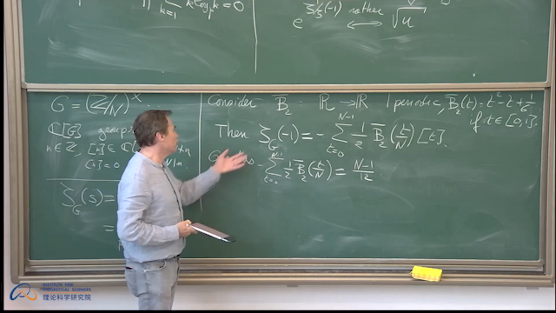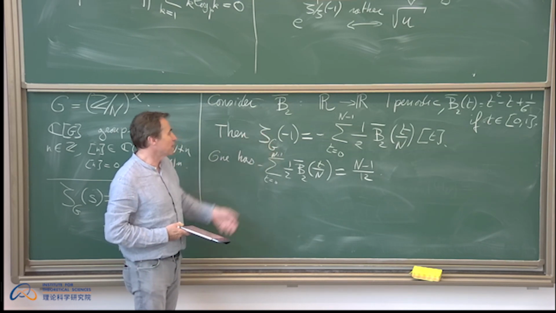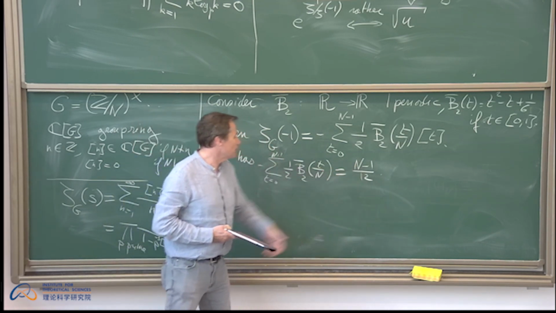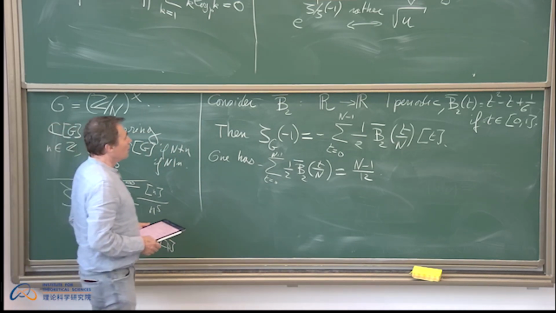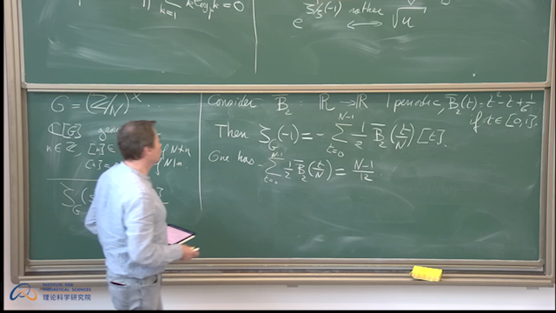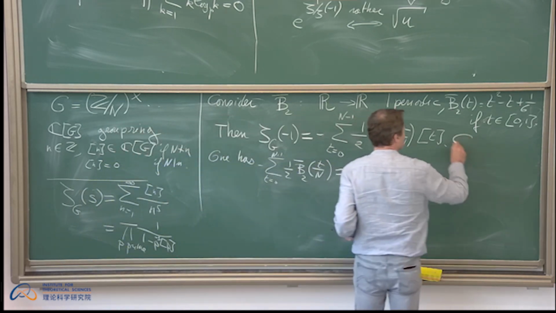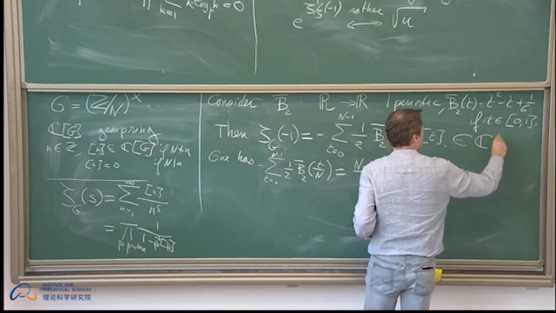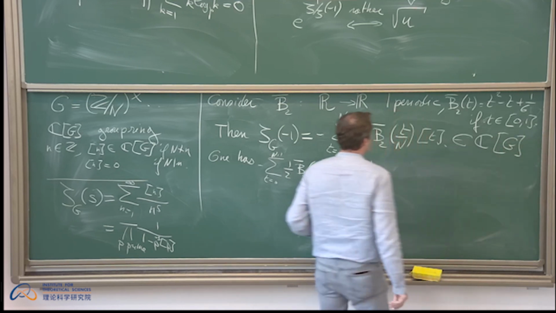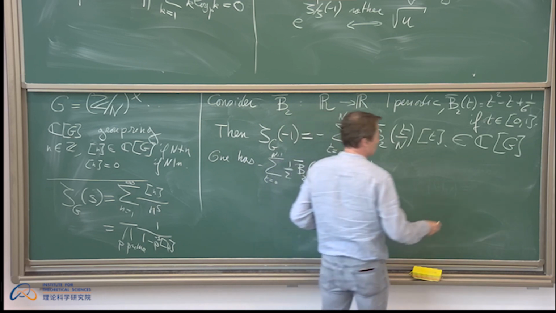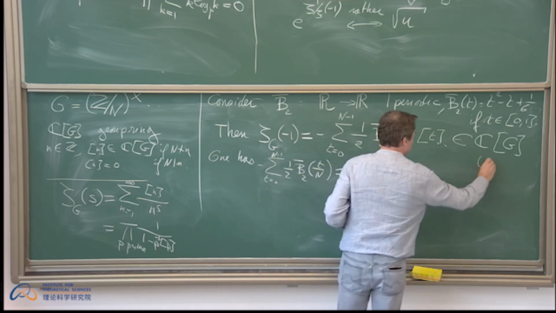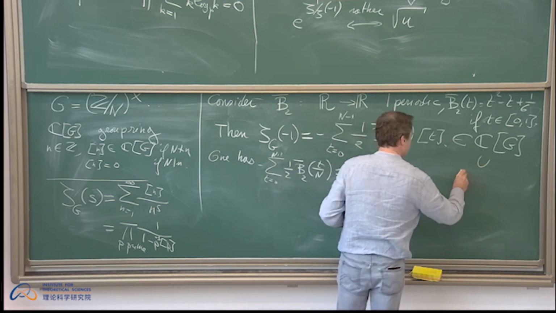So almost the value of zeta at minus 1, but this term n over 12 appears. And so a priori, this would belong to C bracket G, but in fact the coefficients are almost integers, and in fact inside you have, let me see, Z.